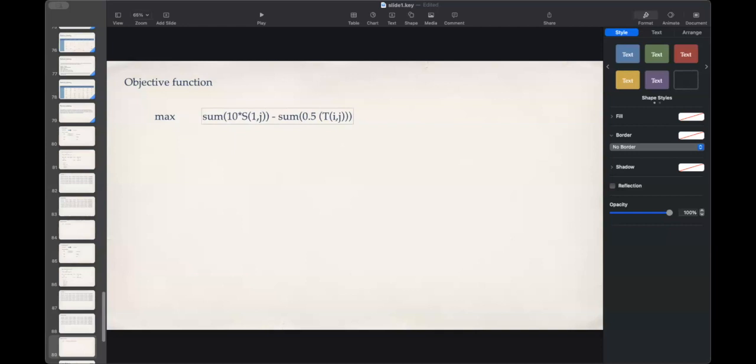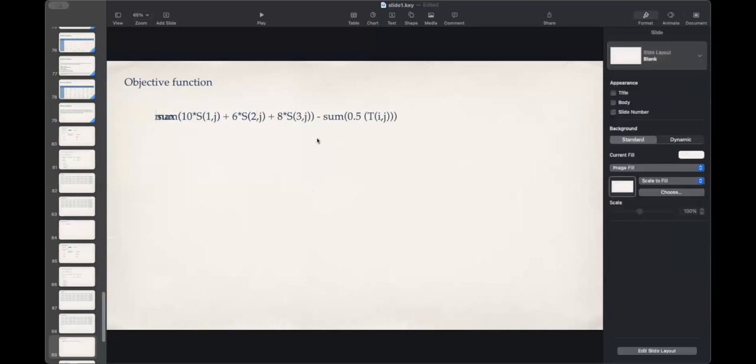Plus 6 for the second one. Yes, and what else? 8 for the third product, right? Oh, this should be third, right? This should be 2. Okay, just one moment.